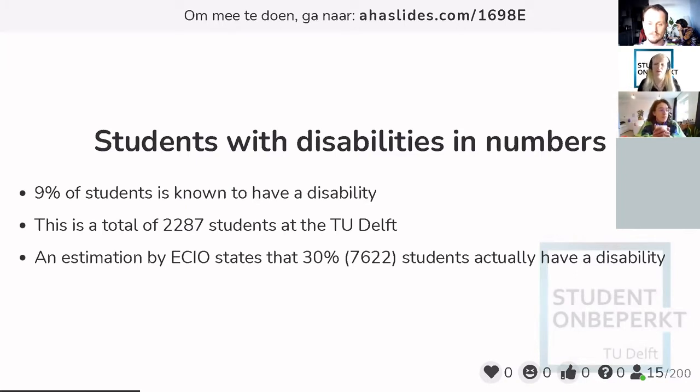But if we look at other numbers, for example, from ASIO, which is a national organization for students with a disability, we see that this amount is much higher, and actually 30%. Of course, this is a national number, but if we calculate this for the TU Delft, we see that these are 7,622 students. And this is why we decided, since it's quite a big population still, that we started up with Student Onbeperkt about a year ago.